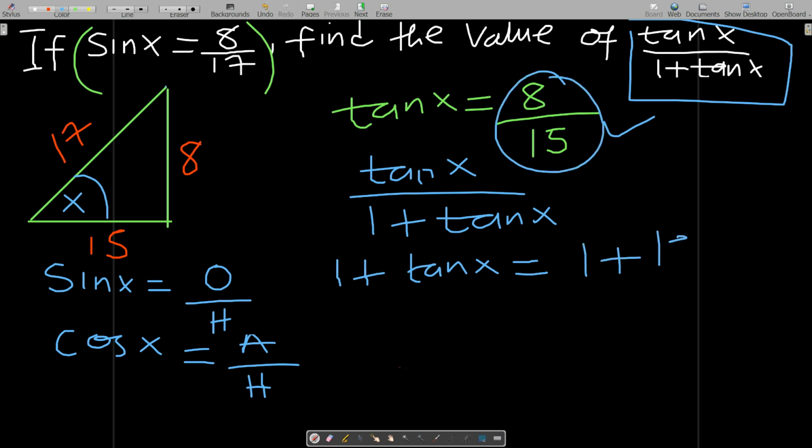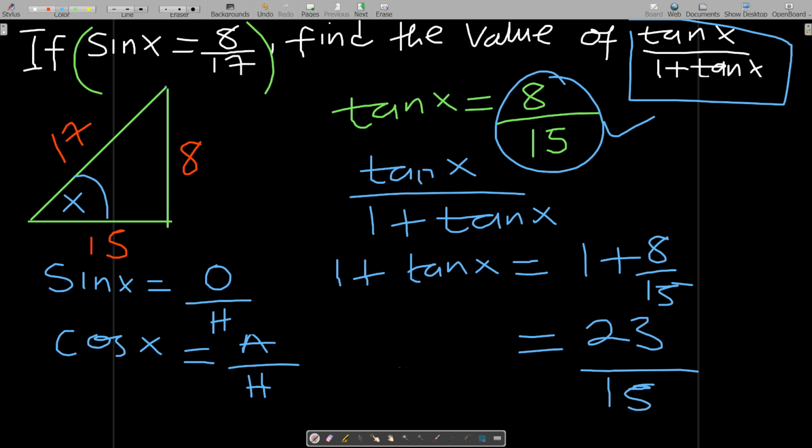So we put 8 over 15 there. And 1 plus 8 over 15 will give me 23 over 15. So this is 1 plus tan x.